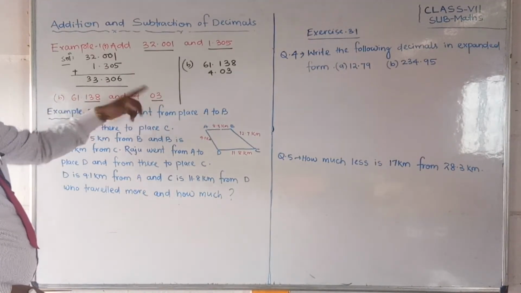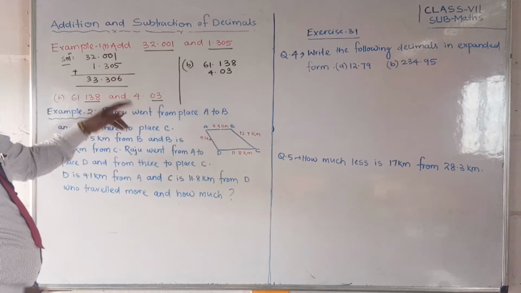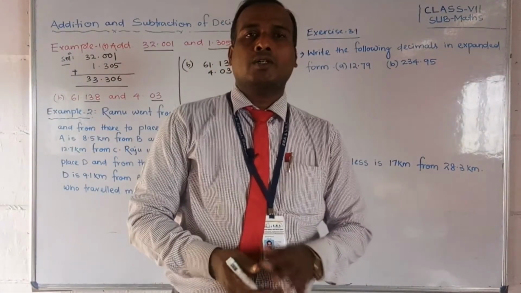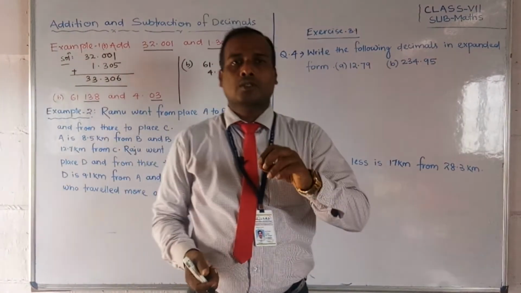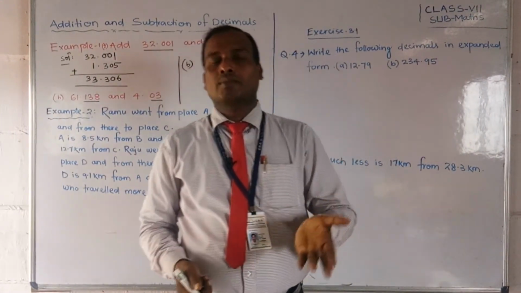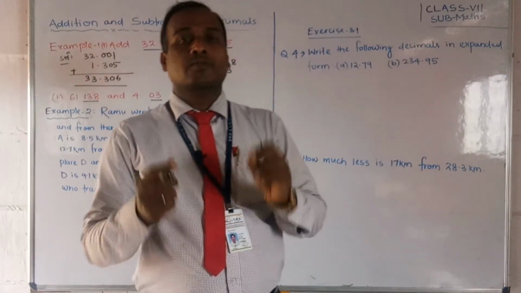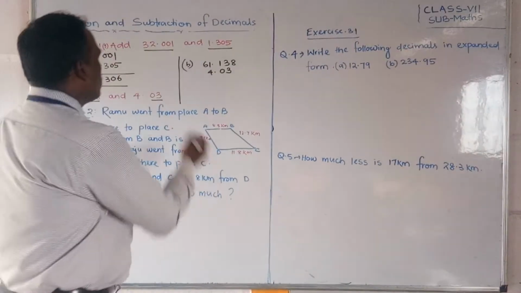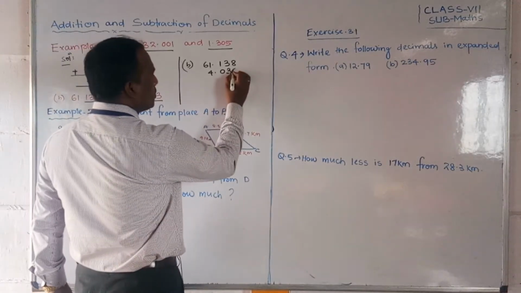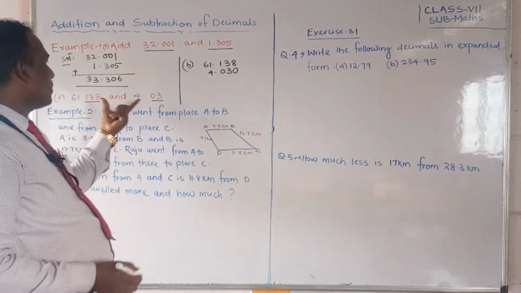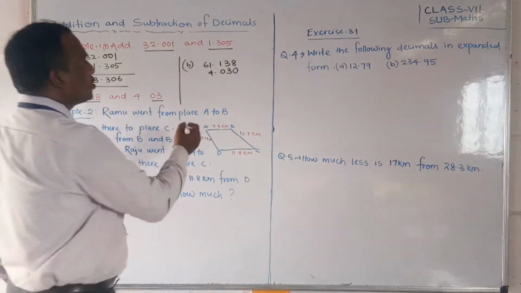So we have to make them like decimals by adding a 0 on the right side. Listen, students, whenever you put zeros on the extreme right side of a decimal number, there is no change in its value. So if I put a 0 in 4.03, the value won't change. Why should we do this? Because we have to make them like decimals, then it is easy to add.